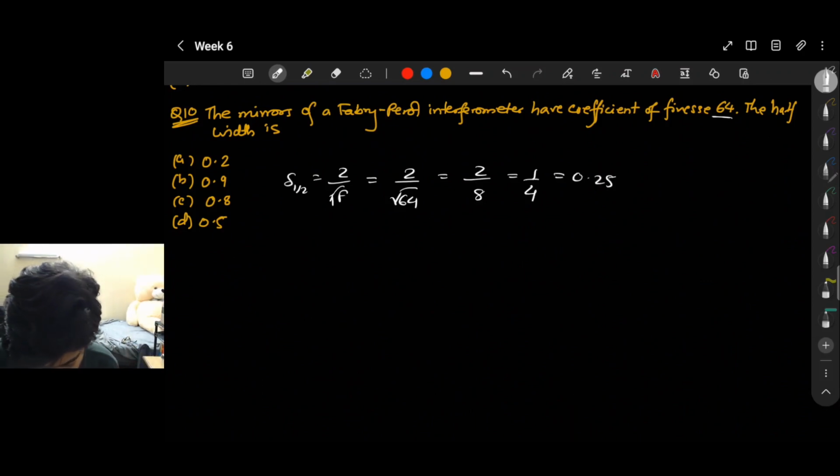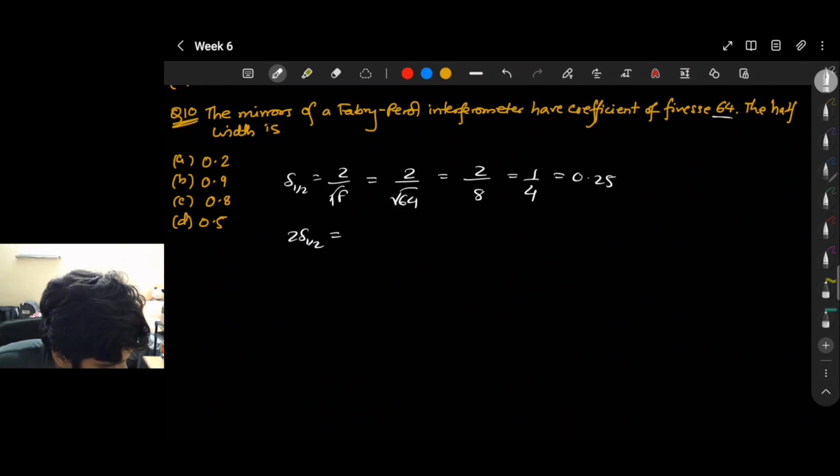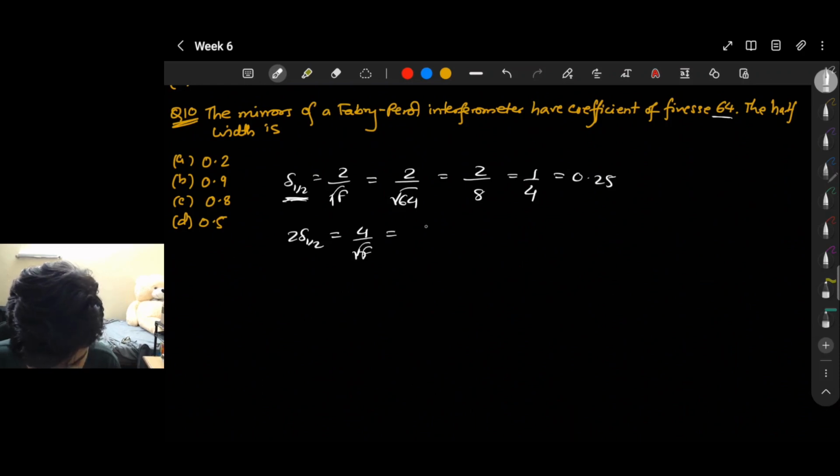But wait, this is the width, sorry, this is the full width. 2 times delta half will be the half width. This is just the phase delta for which we get the half width. So this is 4 over root F, which is 2 into 0.25, which is 0.5.